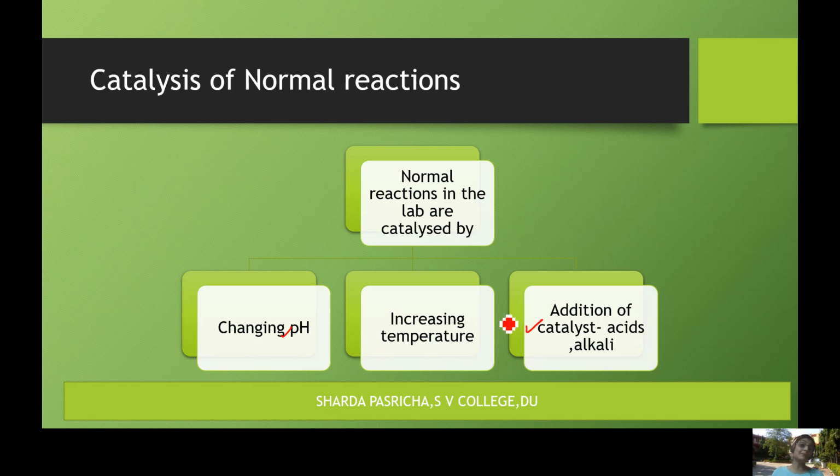You have studied many catalyzed reactions even in your green chemistry paper, or by adding the acid or alkali. You have seen how hydrolysis of esters, hydrolysis of amides can be carried out in presence of acid or alkali. So the rate of these general chemical reactions which you do in the lab can be accelerated by doing one of these three steps.